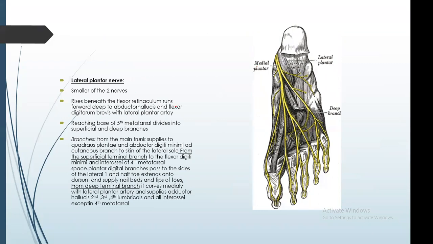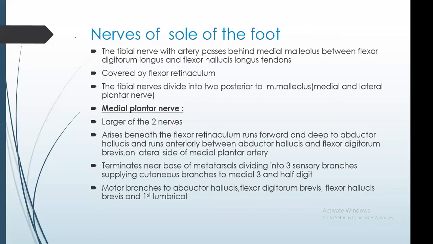The medial plantar nerve, which is the larger of the 2 nerves, arises beneath the flexor retinaculum, runs forward deep to the abductor hallucis, and runs anteriorly between abductor hallucis and flexor digitorum brevis on the lateral side of the medial plantar artery.